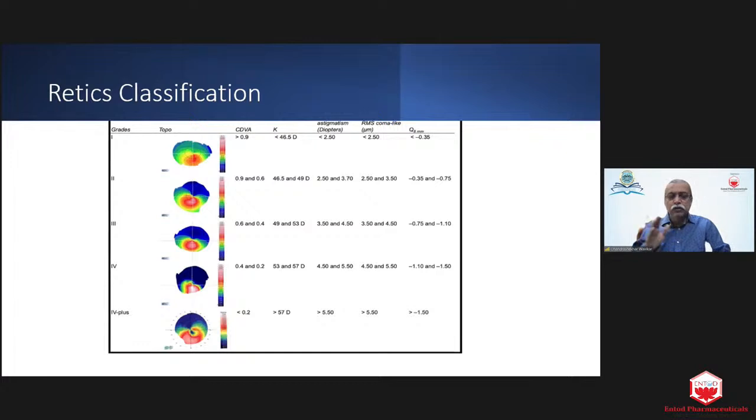For IOL power calculation, we can go two ways. Number one is the older way, where we use the old refractive index of the cornea in a Gullstrand model. In that, the best way to go is by EKR; pentacam EKR is certainly the best. And the newer methods do not use the corneal refractive index of 1.3375, but actually measure the anterior and posterior surface of the cornea using SS-OCT or a similar ray tracing device.